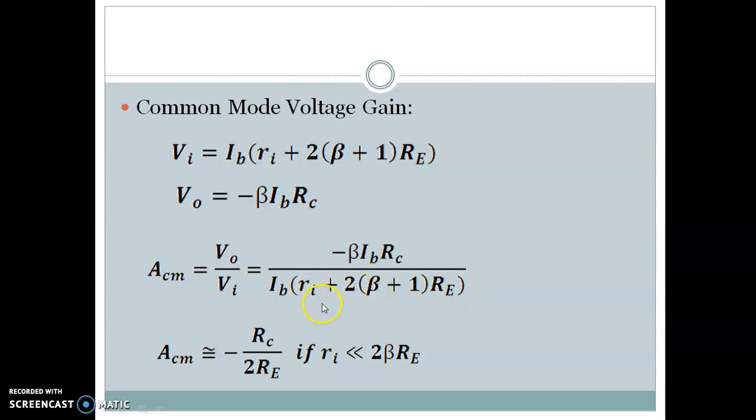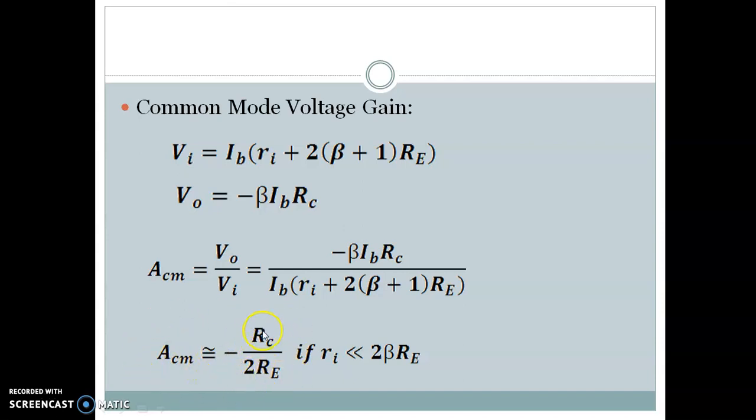Next, RI is very small compared to 2 beta RE, so this part can be neglected. I can cancel the beta, so the remaining term is minus RC by 2 RE.